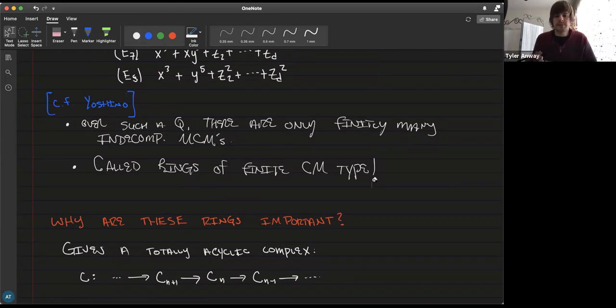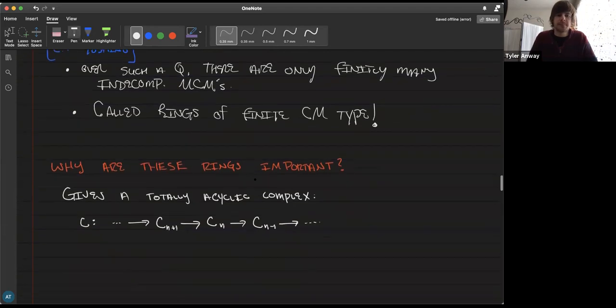So obviously these are important in their own right, and I believe they were fully classified back in the 80s. But the question becomes, why are they important to me? Why do I care about these rings of finite CM type?